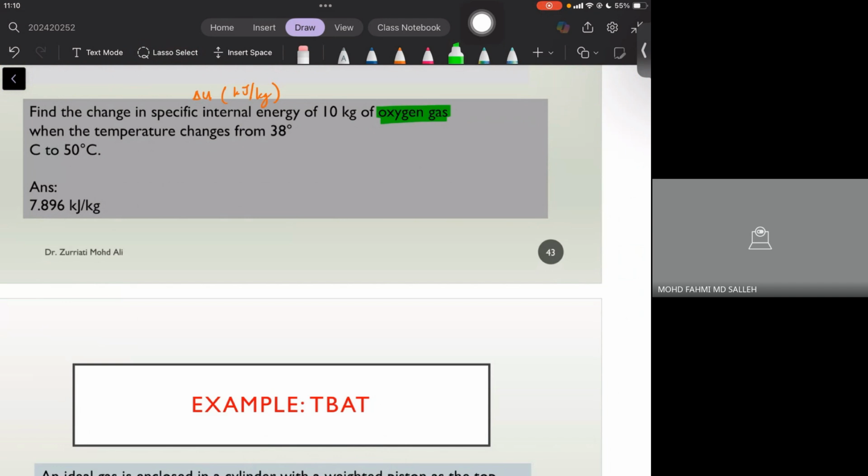Alright, and then the temperature changes from 38 to 50 degrees Celsius. So other things that have been given to you over here are the mass, the initial temperature T1, and also the final temperature T2.